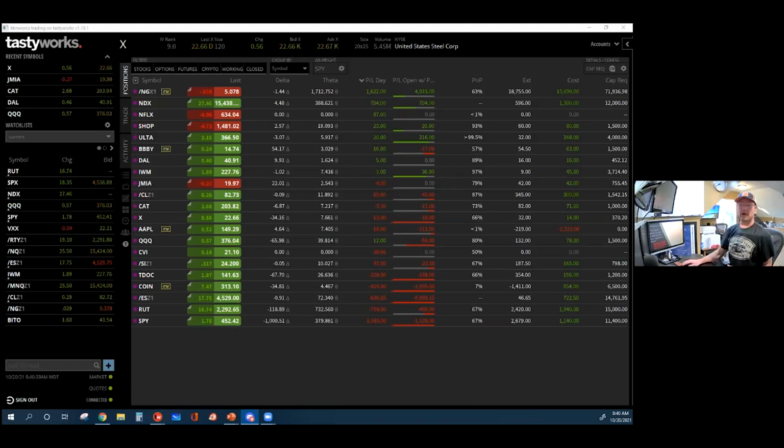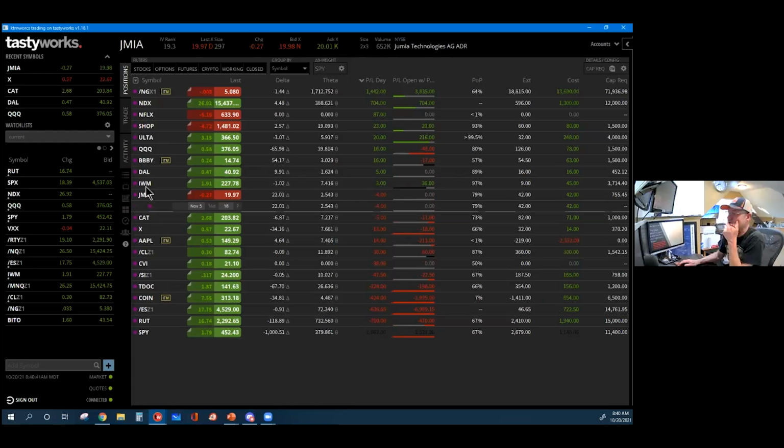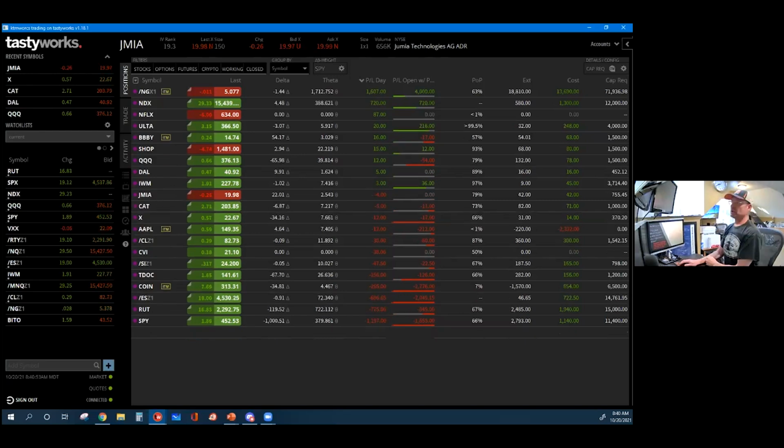So the JMIA, it's an 18 strike price put on that. And again, really good numbers on it, right? Normally speaking, in a wheel trade, we're looking for 1 to 2% a month in cash flow if we don't get exercised.